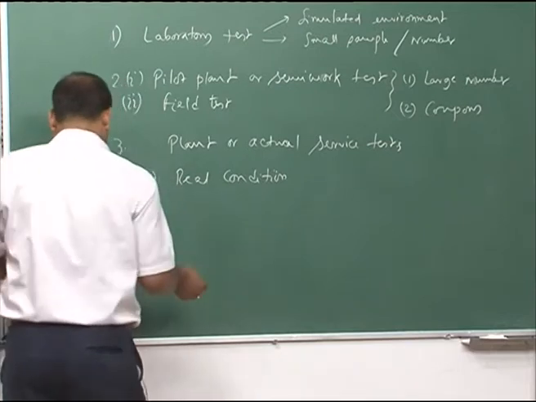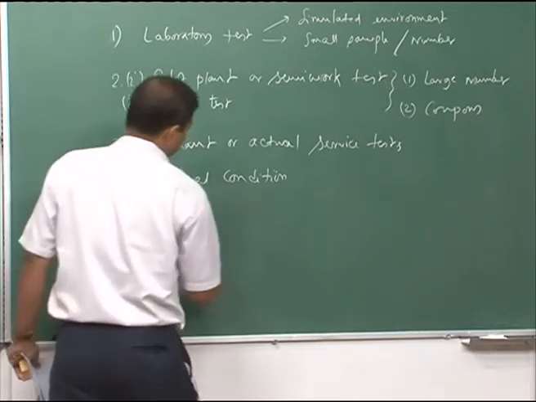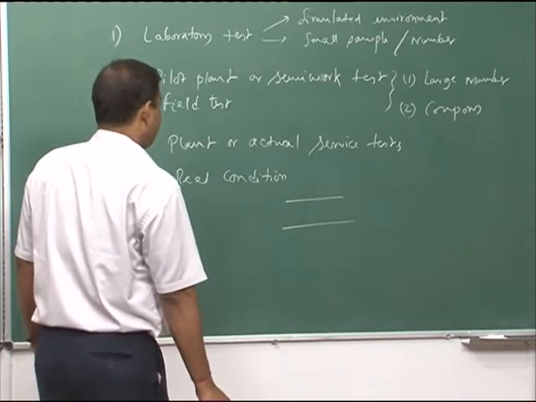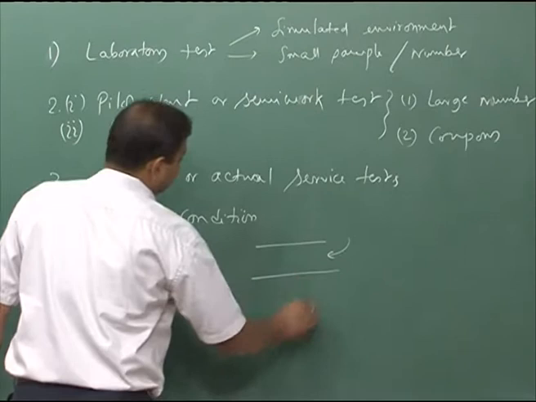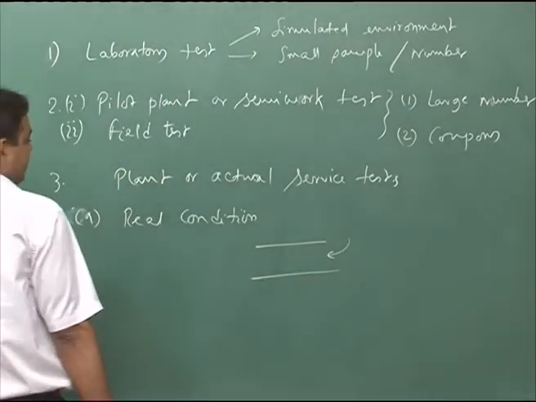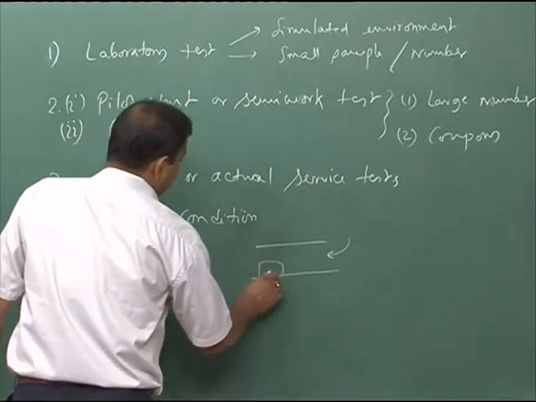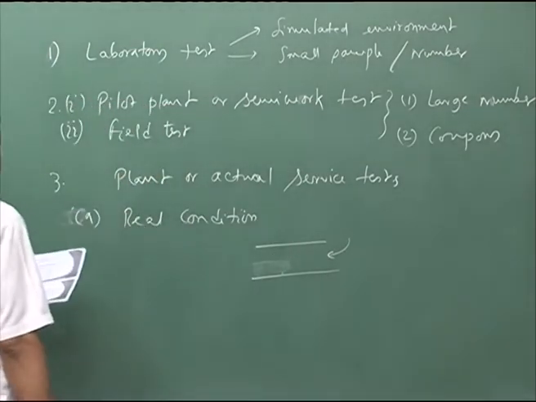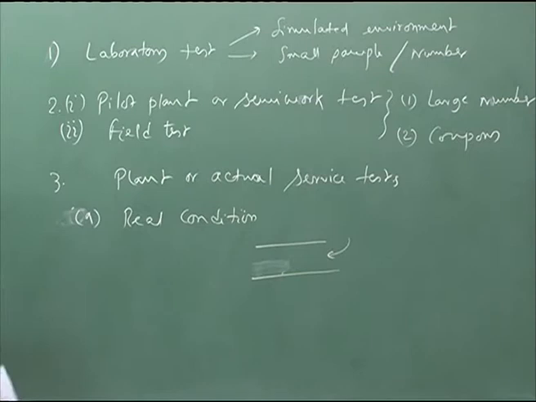For example, let us say you have an iron tube where some corrosive is going through, and we can place some sample, and that sample's corrosion rate can be judged in the real condition.